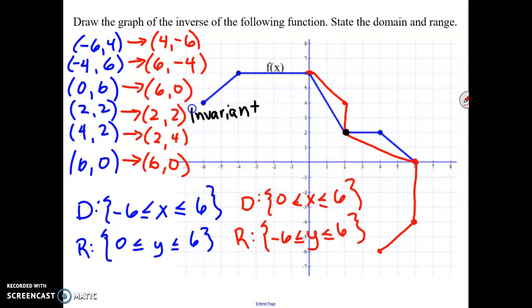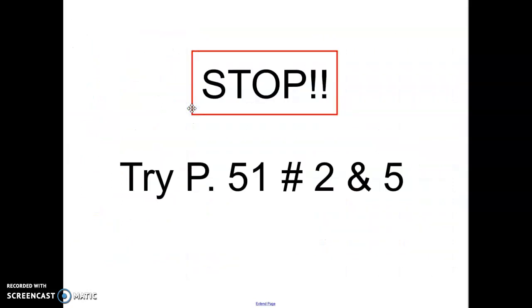So the comment that said our domain and range have also switched is correct. And that should make sense. If your x's and y's switch, your domain and range have also switched because those are x's and y's. So I'd like you then to just pause for a minute and please try page 51, number 2 and 5 before moving on to our next examples.